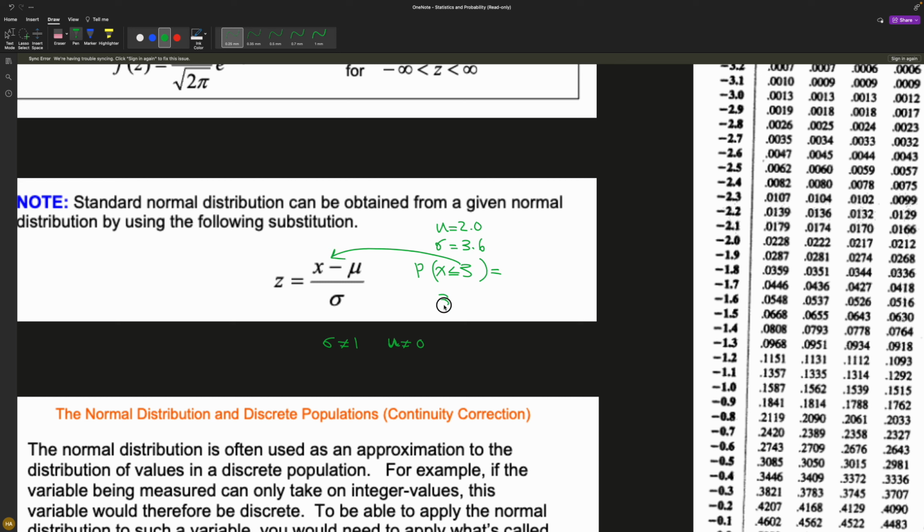So you'll have 3 minus your mu, which is, I probably chose wrong values, but don't worry about it. The way you do it is the same. Over sigma, which is 3.6, and you'll get some value, which is 1 over 3.6, whatever that is. Now, your x became the z. We just standardized the normal distribution that I gave you.